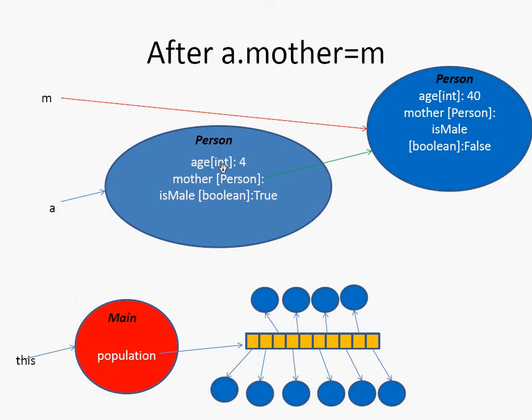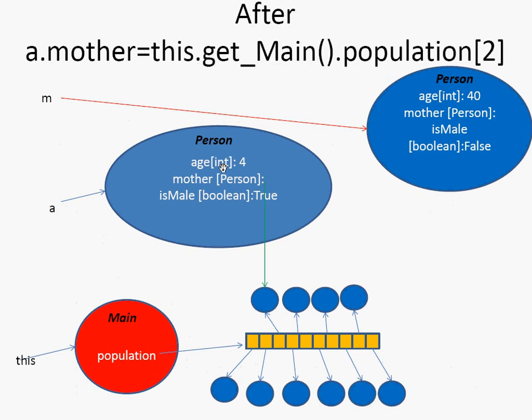This dot get main will return a pointer to the main, and then I say, give me the population that points to this population. Give me the second person, 0, 1, 2. It's this one here. Does that make sense?